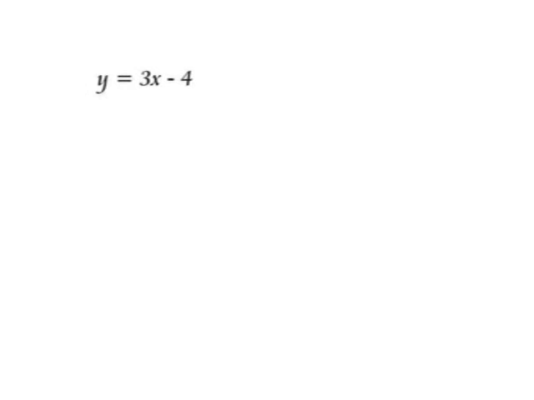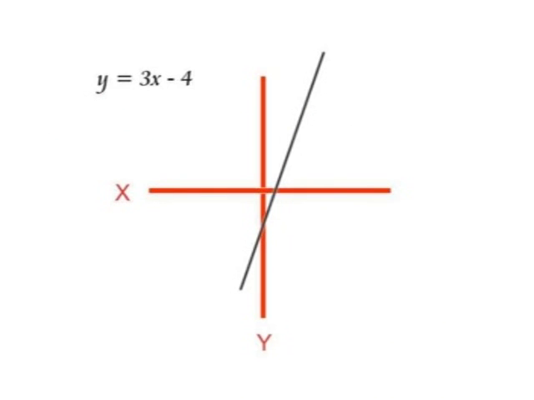Now let us take a quick look at moving from the equation of a straight line onto the coordinates. I'm going to use the example y is equal to 3x minus 4. Sketched on a graph, it looks like this. If I need to move to any set of coordinates, I am going to have to plug in the corresponding values.